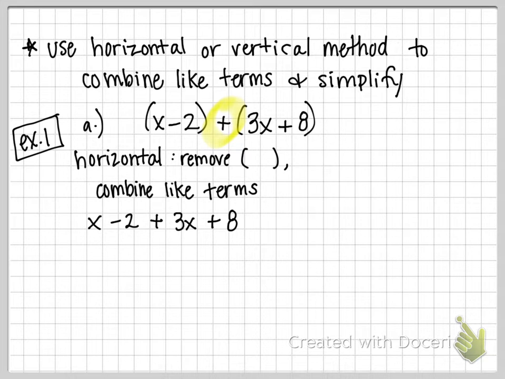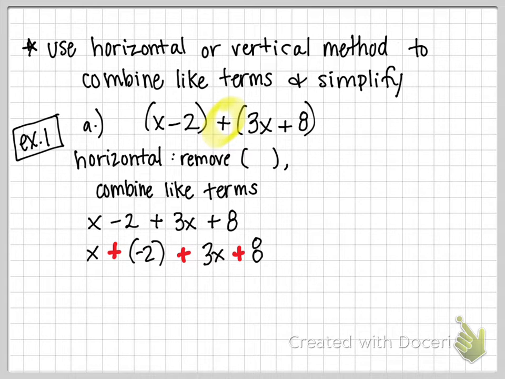Let's rewrite this just so that we're very clear: x plus negative 2 plus 3x plus 8. And then we can see our like terms, and we can keep our signs straight.